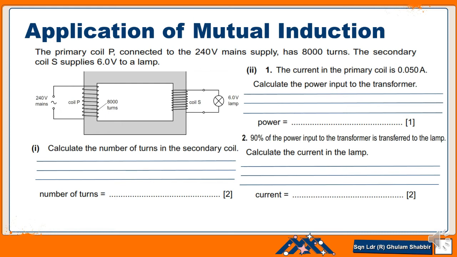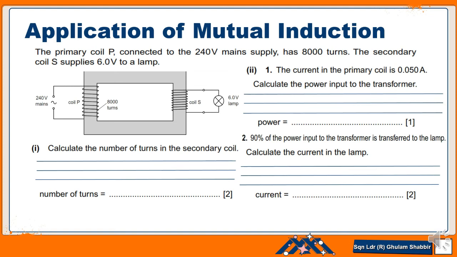So the first question is to calculate the number of turns in the secondary coil. Again, you need to understand the transfer of power from the primary coil to the secondary coil and their formula, which we have already discussed.